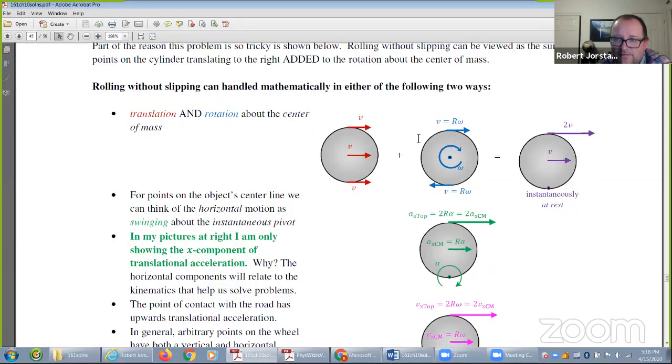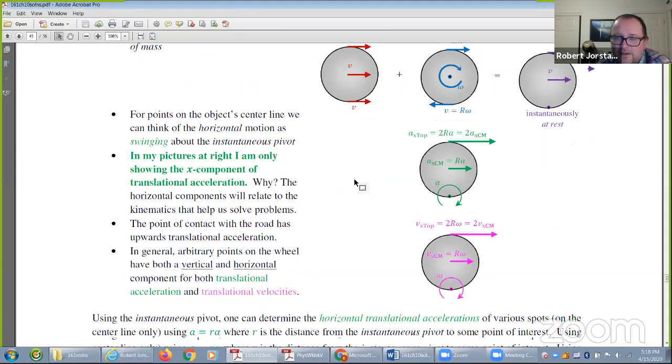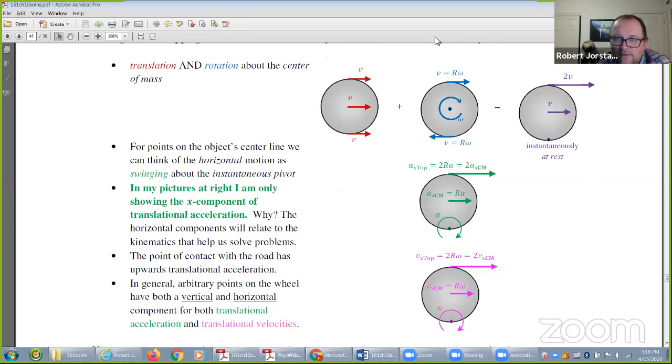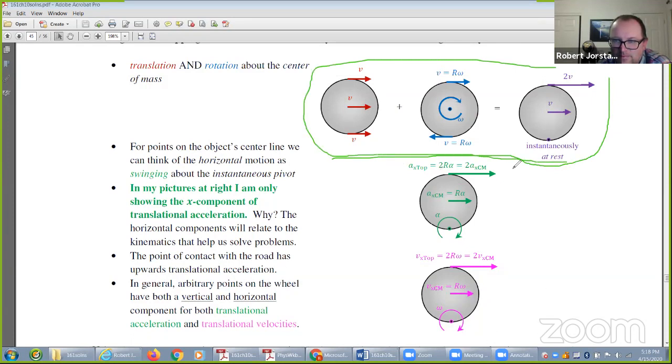So you basically have a choice. You can view it as this up here, or you can view it as these two. Either way, that's a weird trick.